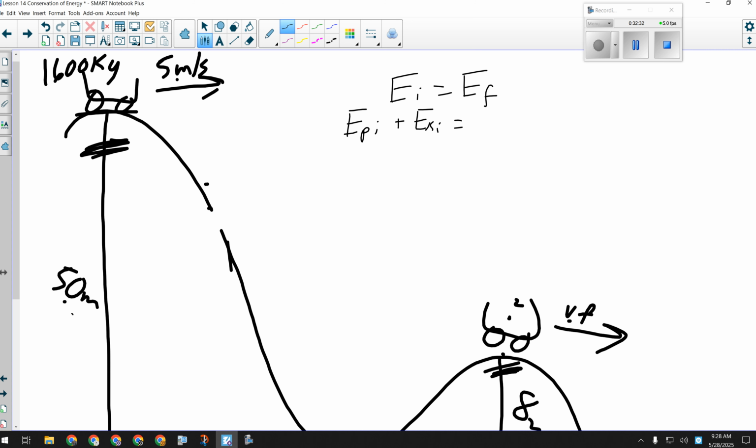Yes, it's 8 meters above the bottom. And since it's lower down on the track and they're asking us for how fast it's going, we should assume that it has final kinetic. Given the context of the situation, that's the faster spot, where we have more kinetic energy. So we've set that up.